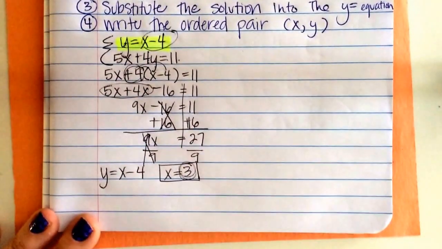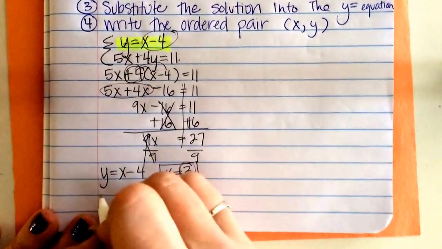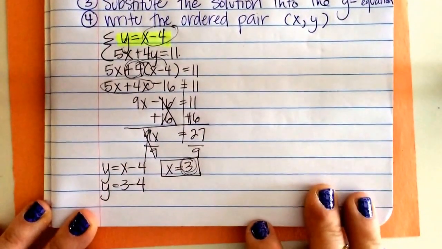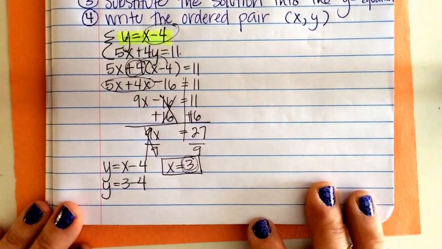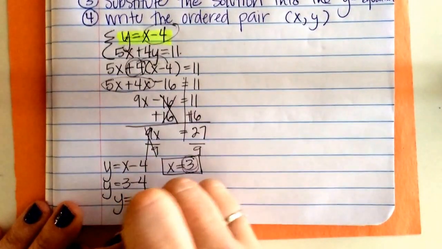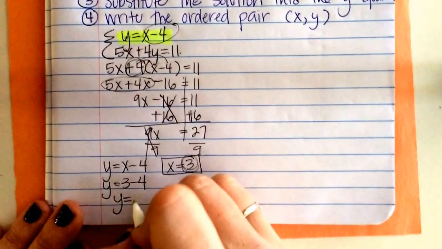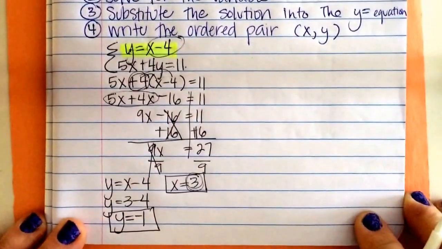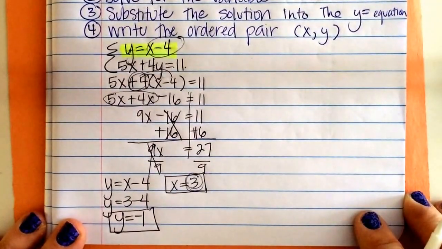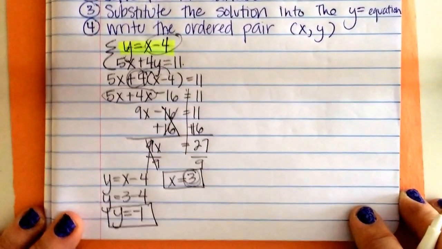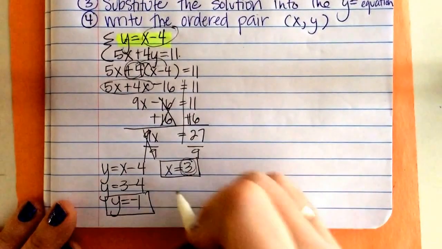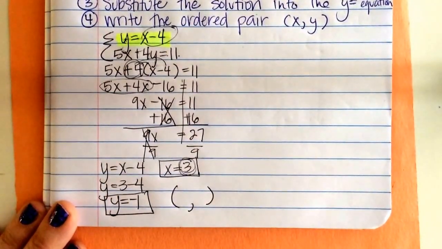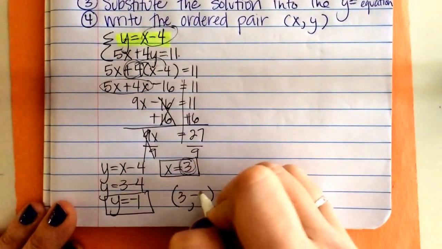Instead of x, I'm going to put in 3. y equals 3 minus 4. y equals negative 1. What's my fourth step? Write the ordered pair, x comma y. So, my solution is 3, negative 1.